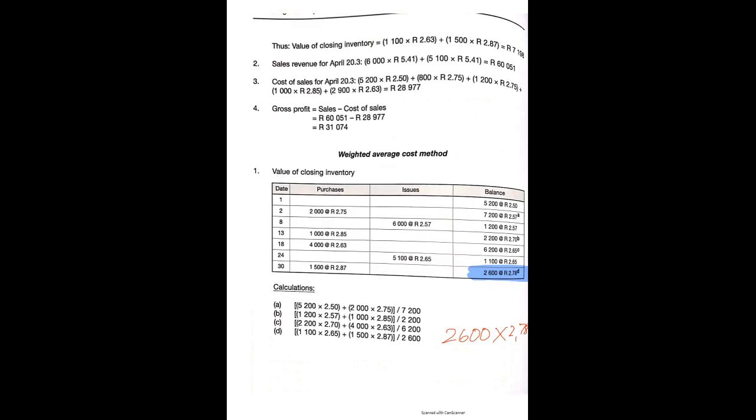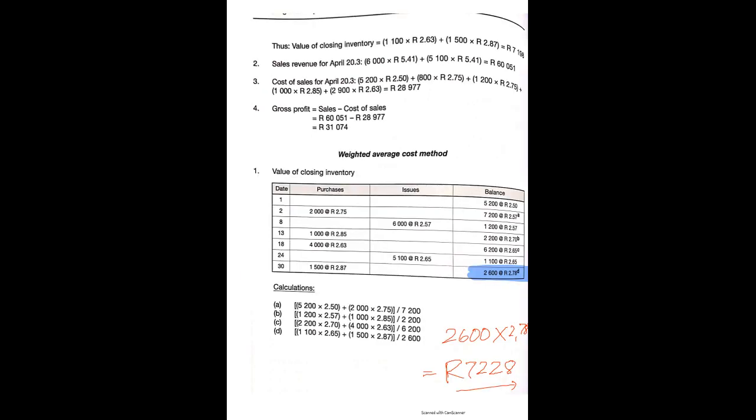Let me just work that out for you. 7,228 is your value of your closing inventory. Please add that on in your textbooks. I don't think the answer is there. 7,228, yeah. Okay, so this is your value of your closing inventory.